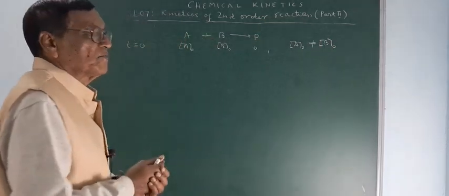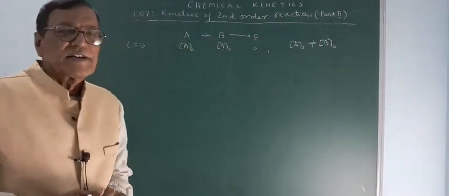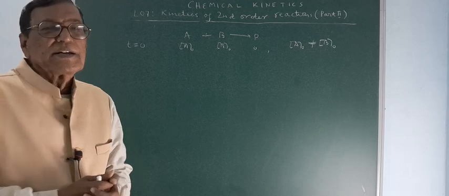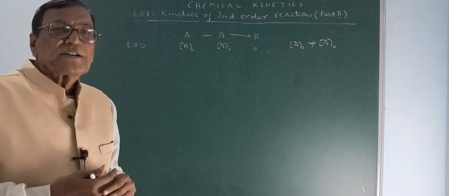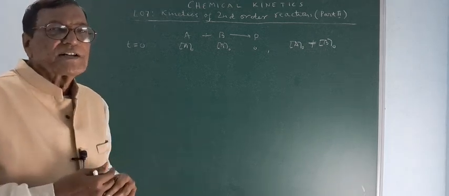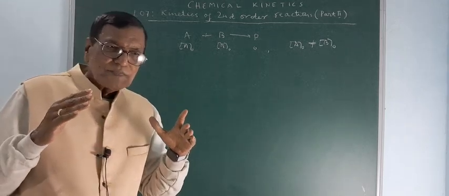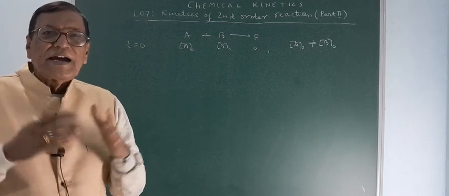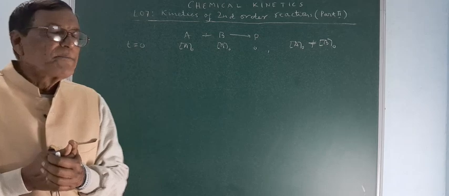We shall discuss what happens when the initial concentrations are different for the two substances: what will be the differential rate equation, what will be the integrated rate equation, how the rate constant K2 could be determined, and one example.